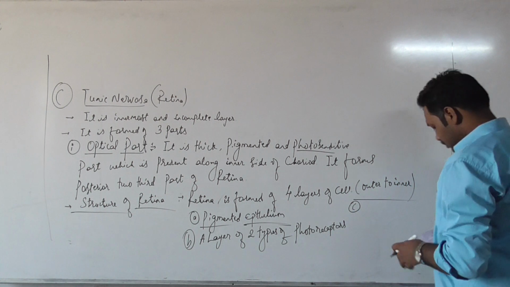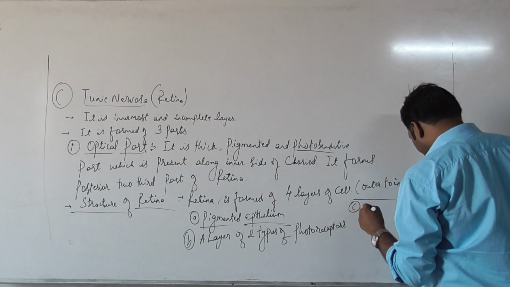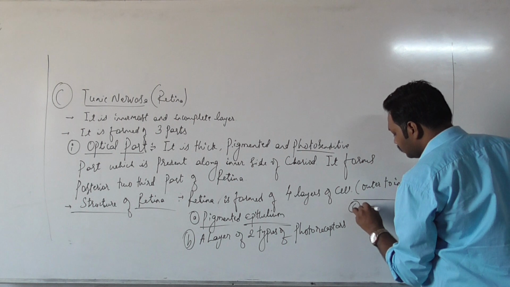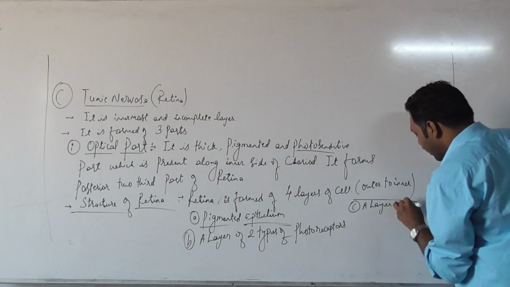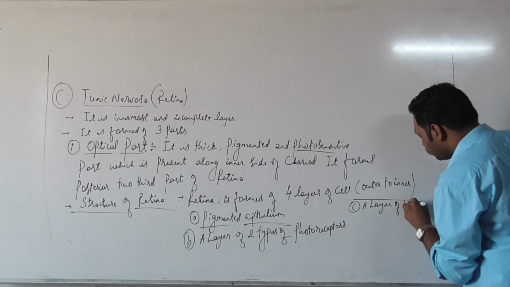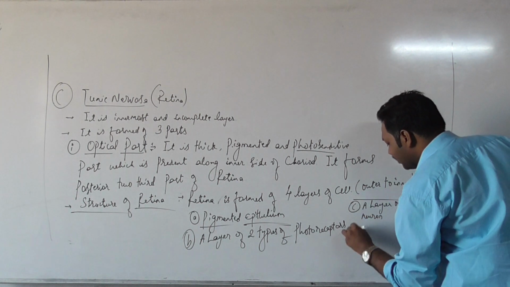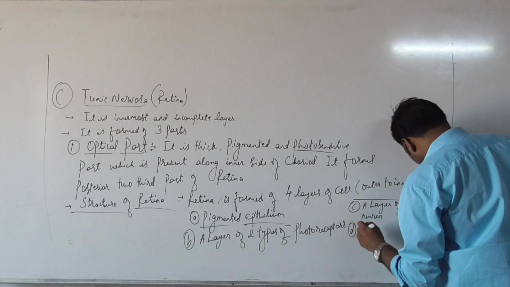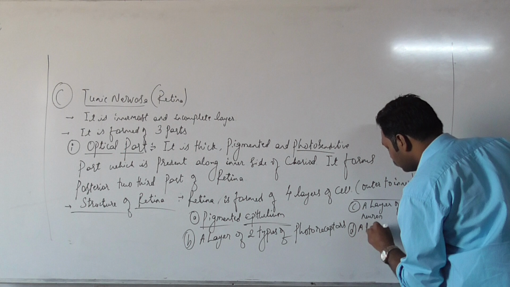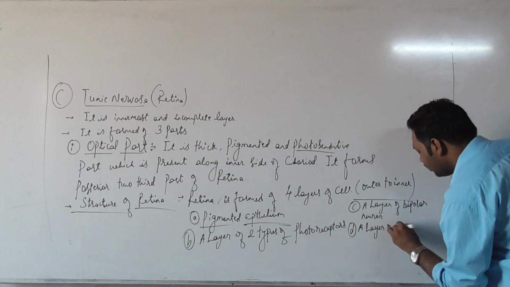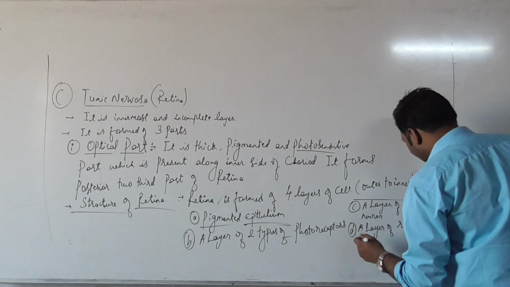Then the third is a layer of bipolar neurons. And finally, the fourth one is a layer of retinal ganglionic cells.